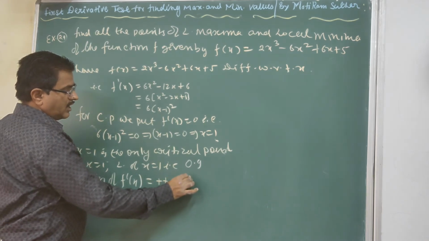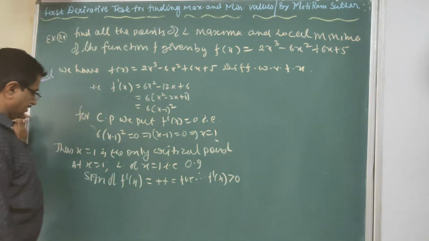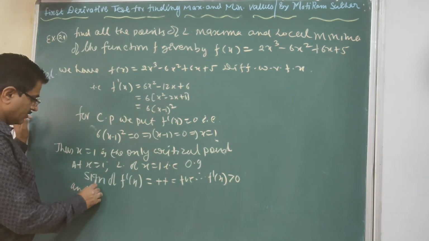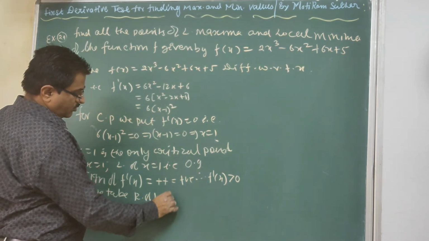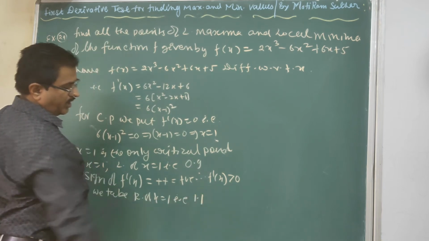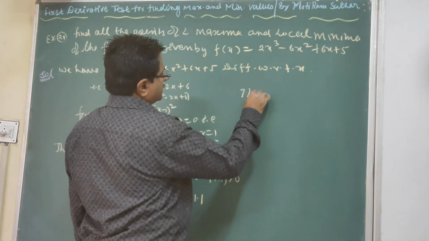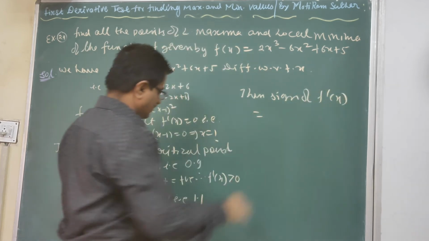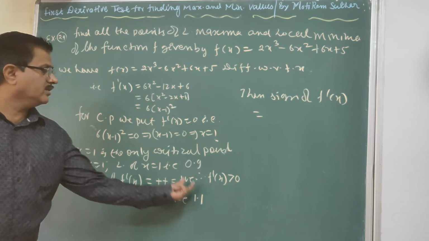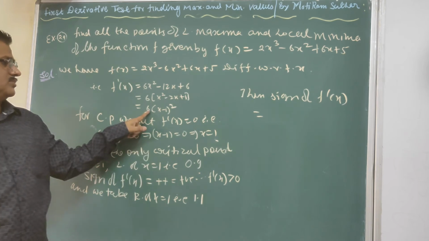So overall we have positive, that is f dash x is greater than 0. And right of x equal to 1, that is 1.1, if you are taking a number greater than this, then the sign of f dash x: if you put 1.1 in this f dash x, this is positive.